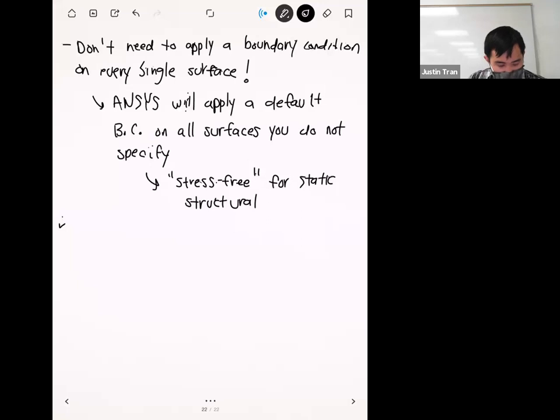Okay. And so one last point that I'll make is that it is possible to apply multiple boundary conditions at the same location. Okay. Oh, forgot the most important word, multiple boundary conditions.